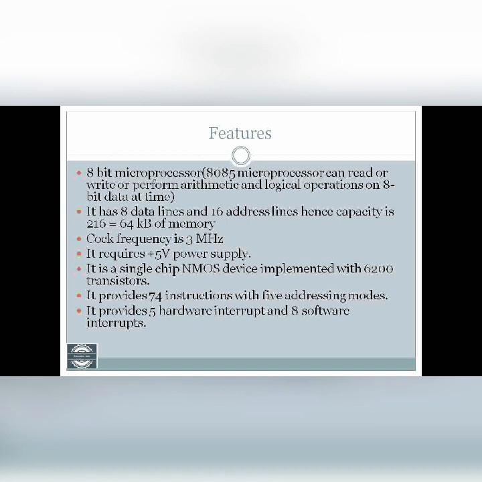There will be 5 addressing modes. At the end of the lecture, I will show you these 5 addressing modes: immediate, implicit, direct, indirect, and so on. Another thing, the last one, is the interrupt.